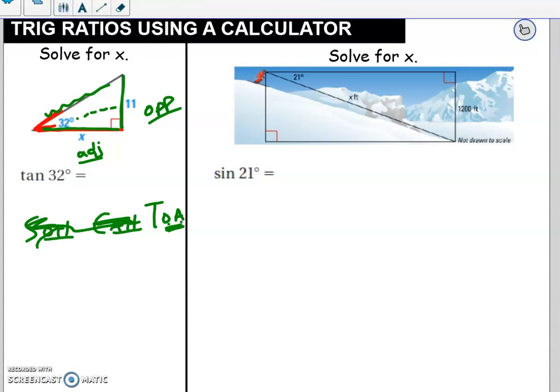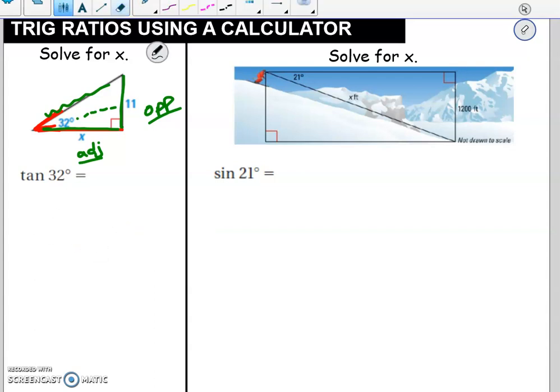And that's why I know I'm going to be using the tangent value here of 32, not the sine or the cosine. Okay, so the tangent of 32 is TOA, opposite over adjacent, which is opposite of 11 and adjacent of x. Okay, so if I was to rewrite all of that, tangent of 32 degrees is x over 11.